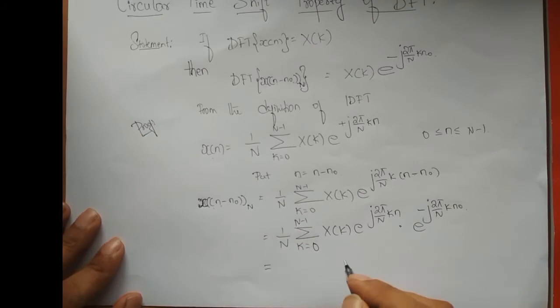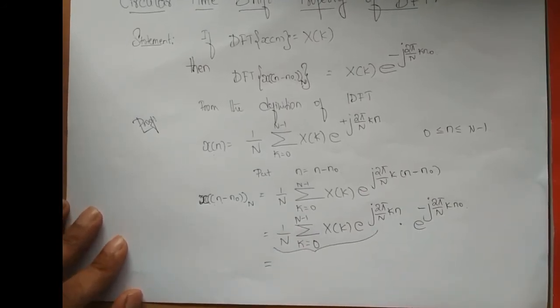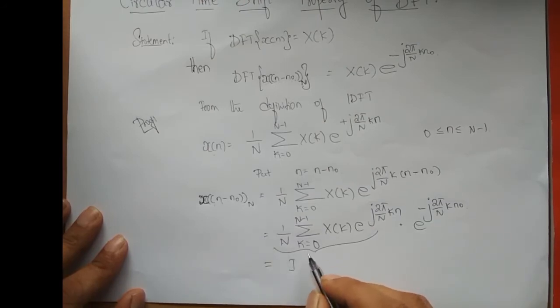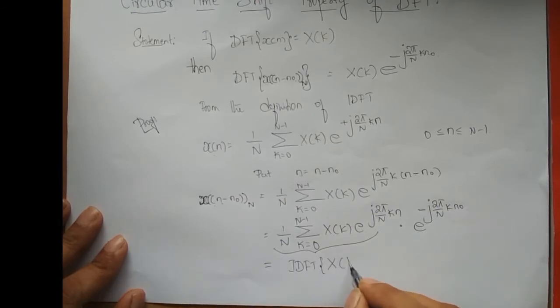So what is this equation? This is the equation for IDFT, right? 1 by N summation k varying from 0 to N minus 1 X of k e power j 2 pi by N into k n. So instead of writing x of n, I can write it as IDFT of X of k.